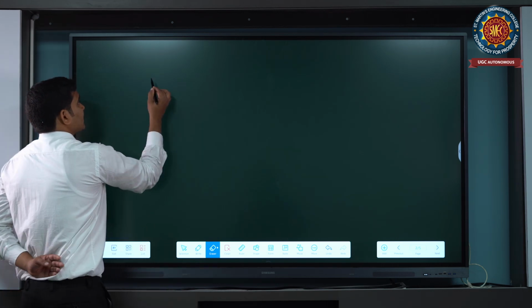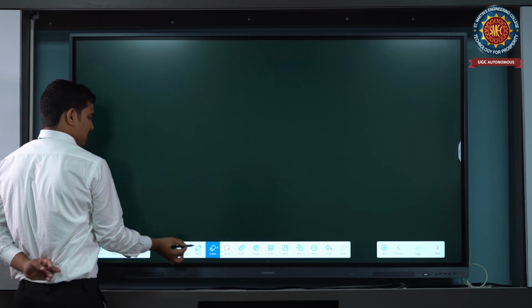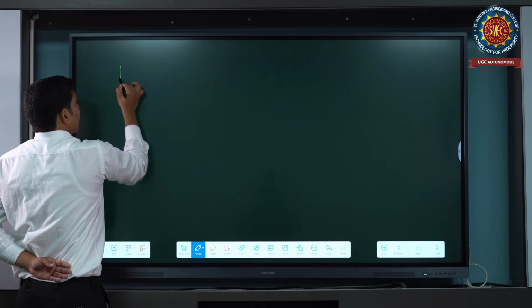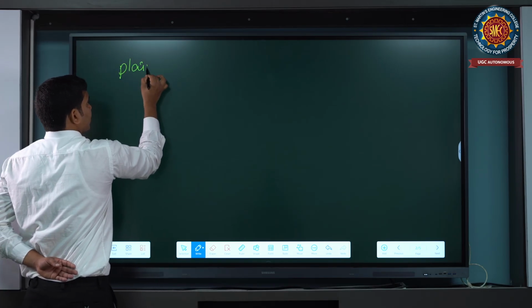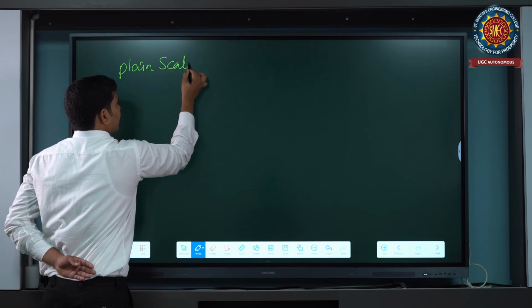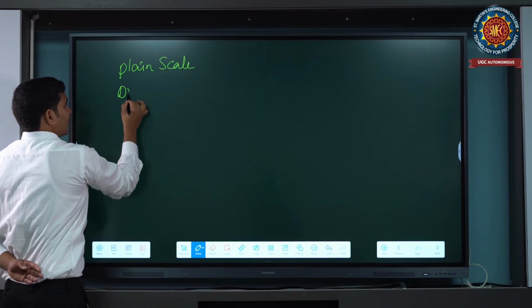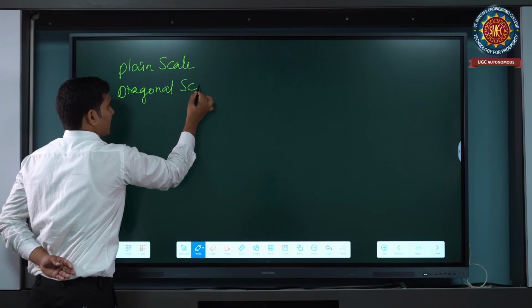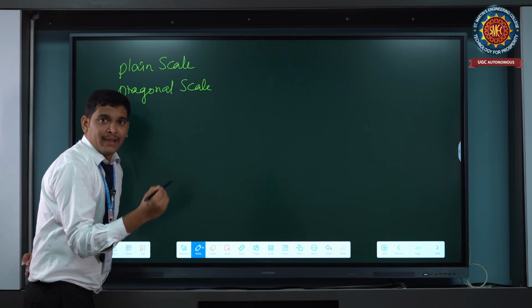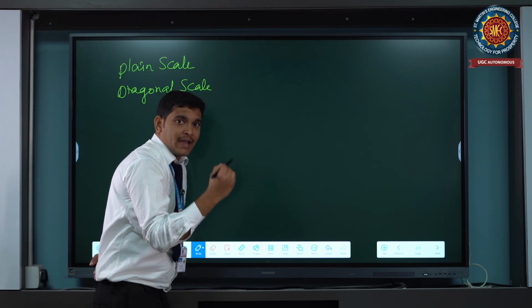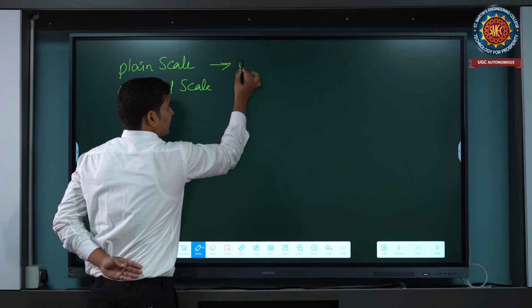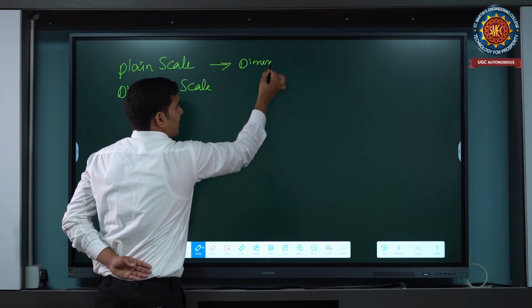Now we are discussing the scales. Scales are of two types. The first one is the plane scale, and the second one is the diagonal scale. The plane scale depends upon the dimensions.